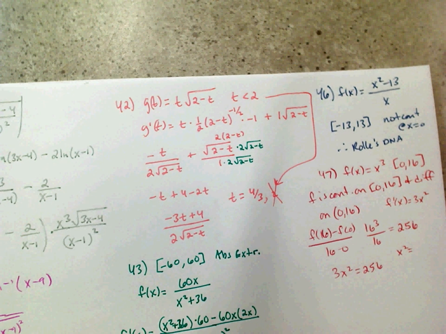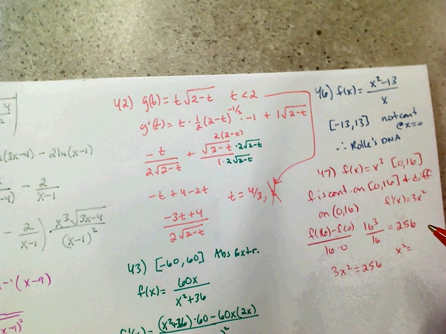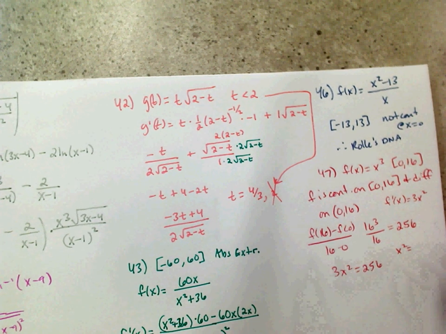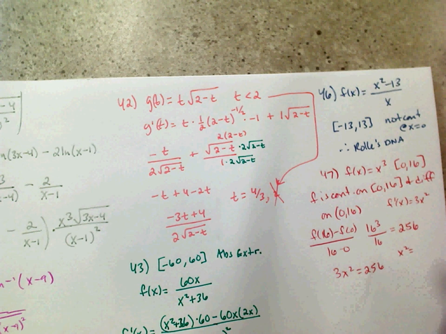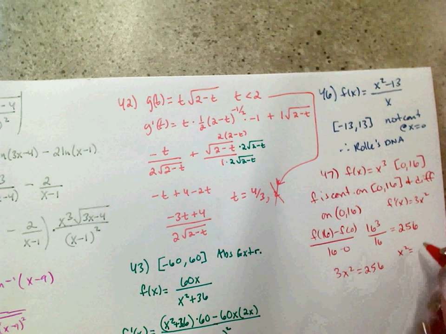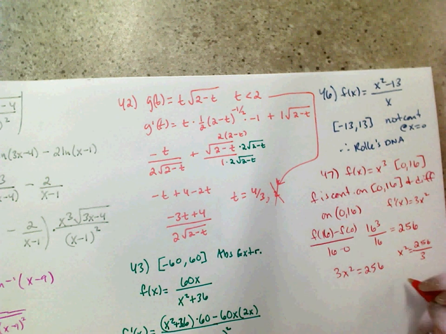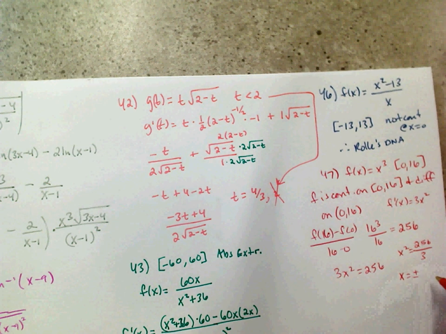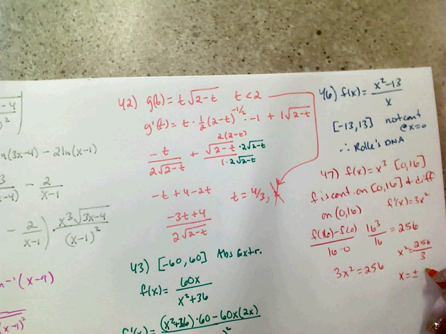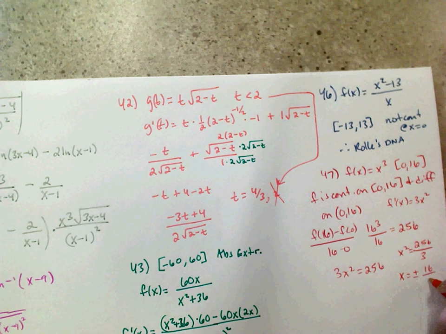I mean, it simplifies, but I don't think it. Okay, 256 over 3. So when x equals plus or minus 16 over the square root of 3, or 16 root 3 over 3. But it's only on the interval from 0 to 16, so we're only talking about the positive.